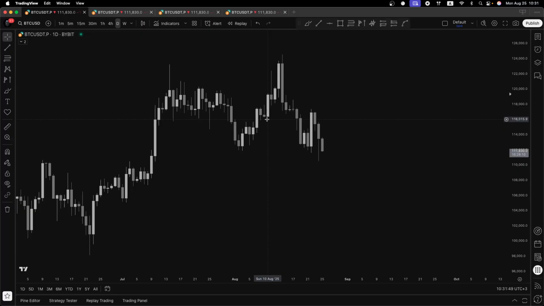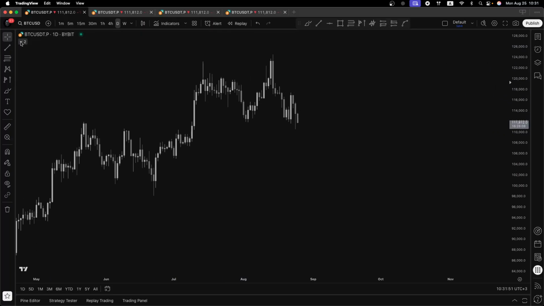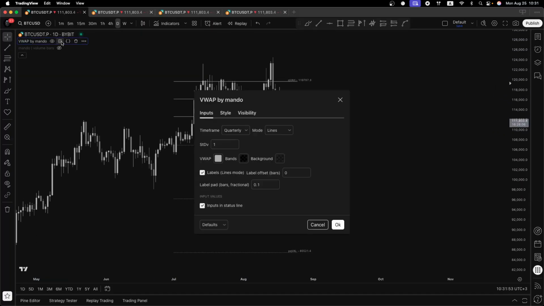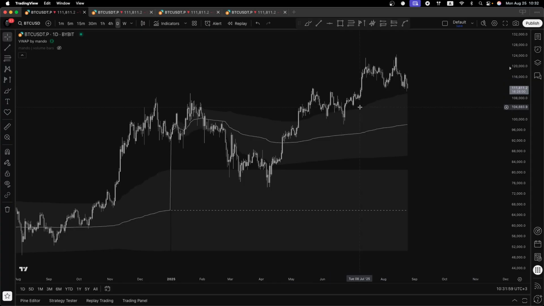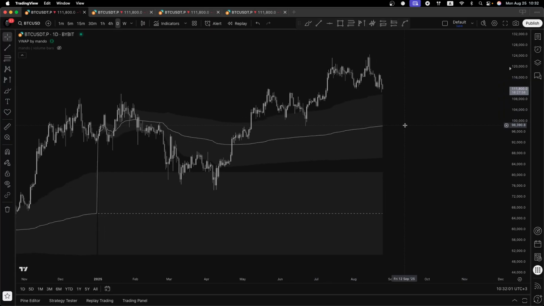Now let's jump right into the daily with the yearly VWAP starting off. So yearly VWAP, pretty important as well. What you want to see when price is parabolic, you want to see value area high holding.